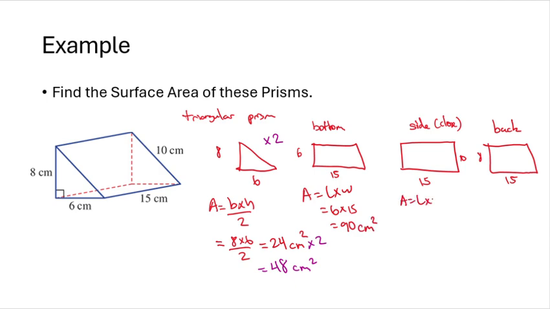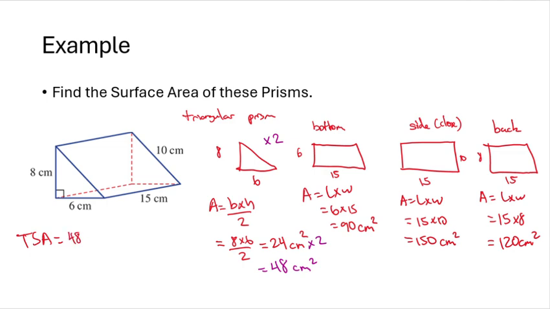This is for the side, 15 times 10, which equals 150 centimeters squared. And then the last rectangle is 15 times 8, which is 120 centimeters squared. Okay. Now the final step is to add it all up.